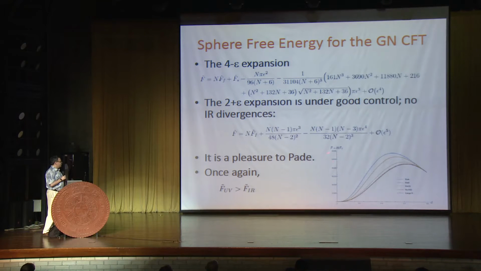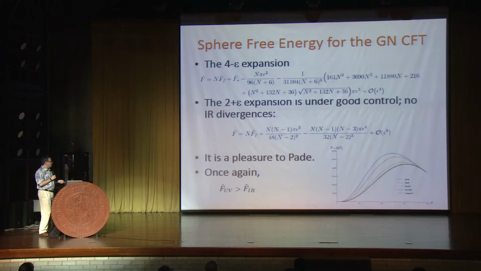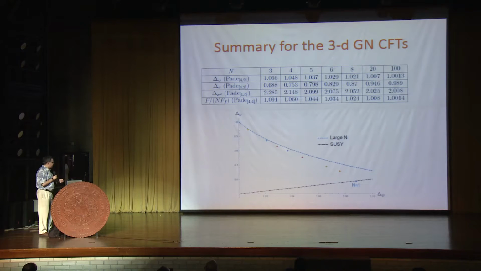So here, for example, we look at the difference between the interacting theory and the theory of n free fermions, and you see that this is always positive, and this approaches nicely the large n limit, which we can get from the fact that it's a double trace interaction. So here is a summary for 3D Gross-Neveu CFTs, and just in case they happen to be relevant to some quantum critical points, you can vary n, 3, 4, 5, 6.